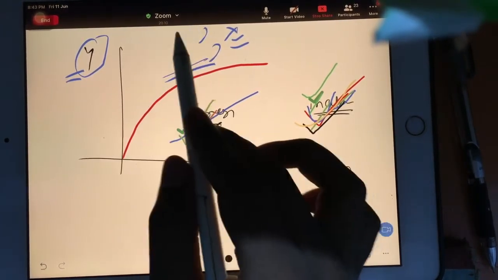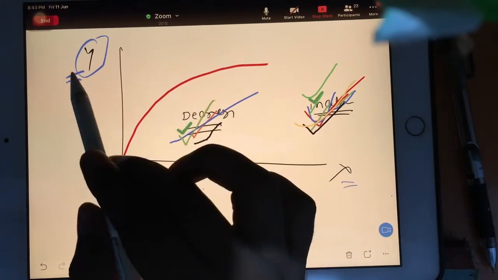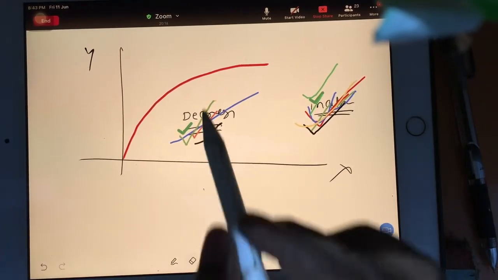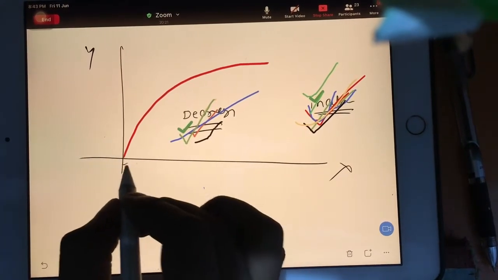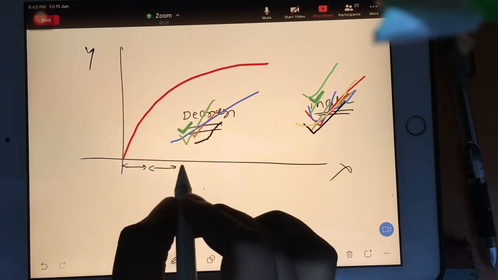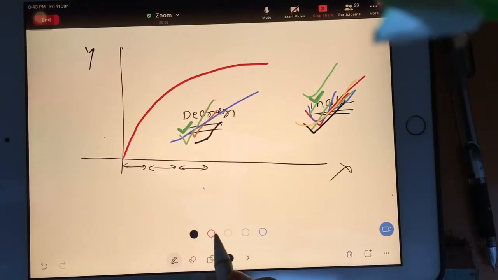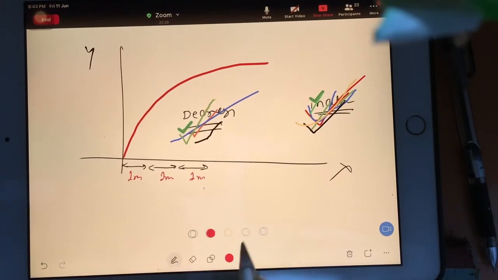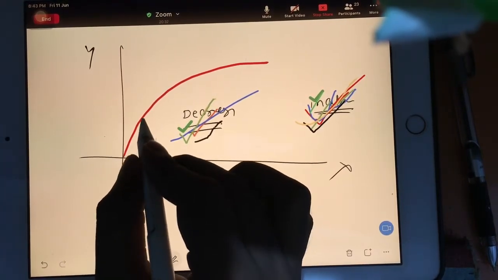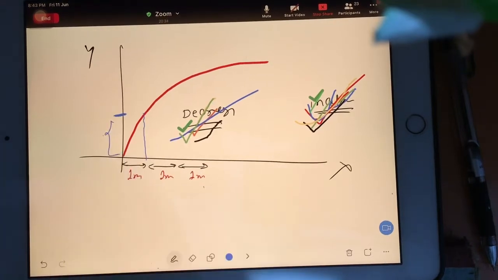There are two ways. One is physical behavior you can check, but for that you should be smart enough. Physical behavior is like you split equal distances in your mind, not on the diagram. Suppose this is 1 meter, this is 1 meter, this is 1 meter. For the first 1 meter, your value increased this much.